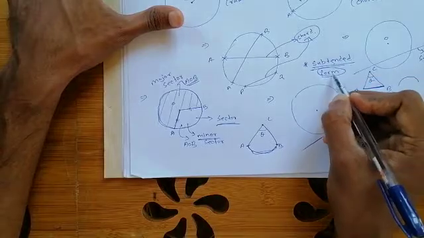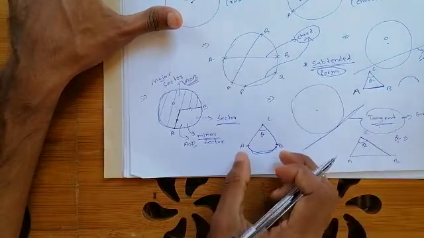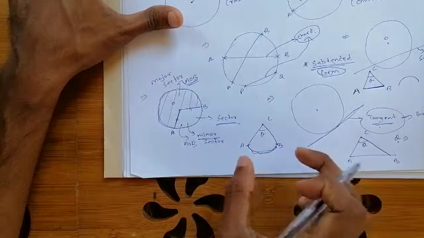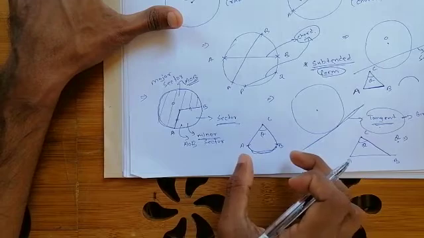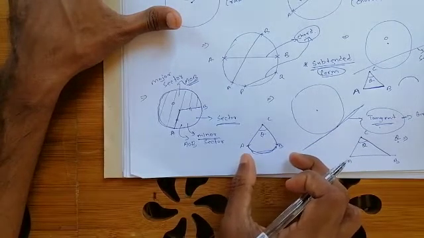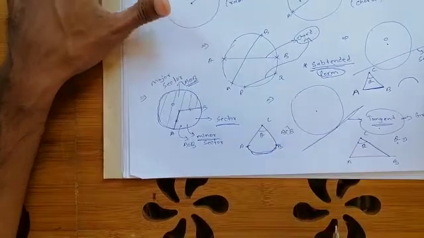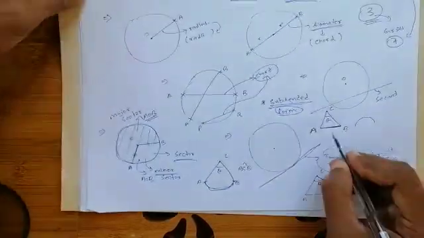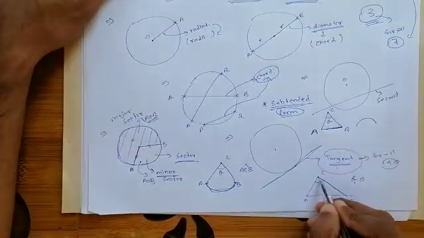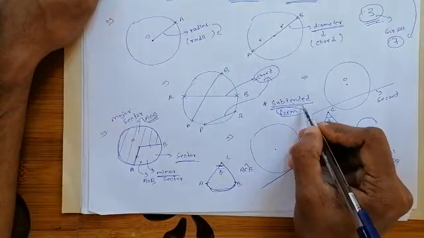In other words, it is the angle formed by the arc. In one word, the subtended angle of AB. The subtended angle of AB is ACB. So the angle subtended by a straight line or an arc at a particular point, we call the subtended angle.